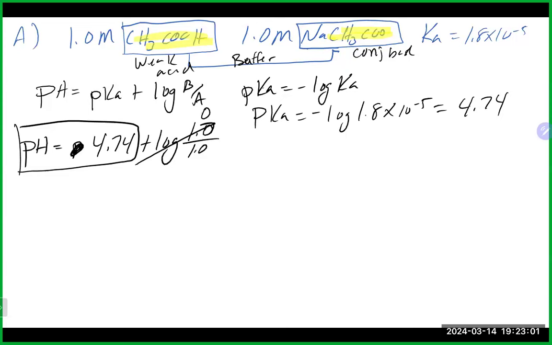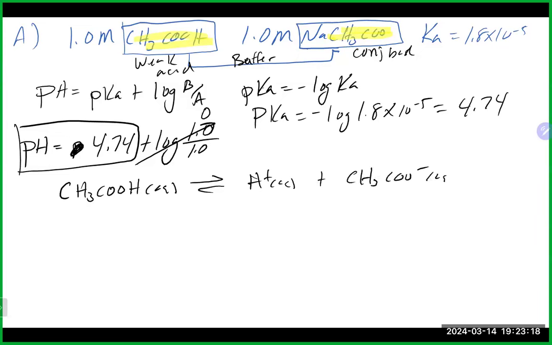Question on that? Now, if you chose to do the ICE table, perfectly fine. You would most likely set up the equilibrium with our weak acid, acetic acid, breaking apart into H plus and acetate. Remember, if you choose the ICE table approach for these buffer type problems, you should have 1 molar there, 0 for the H plus. It's really important to have the 1 molar there, or you're not really doing a buffer problem.